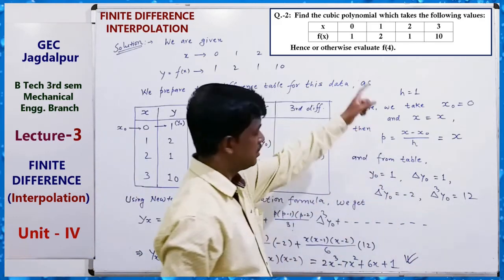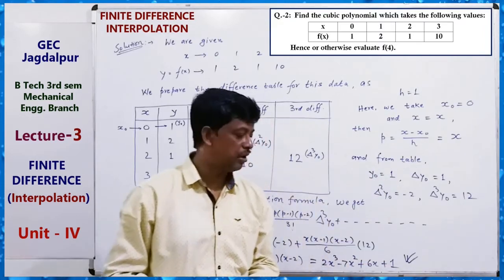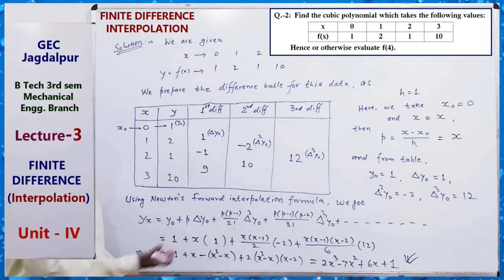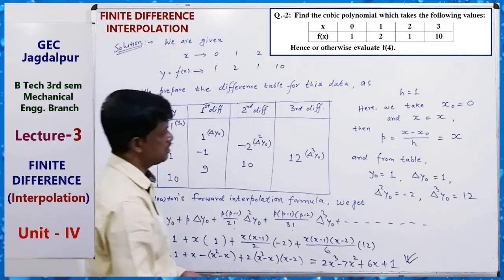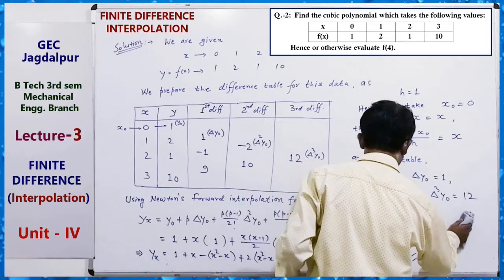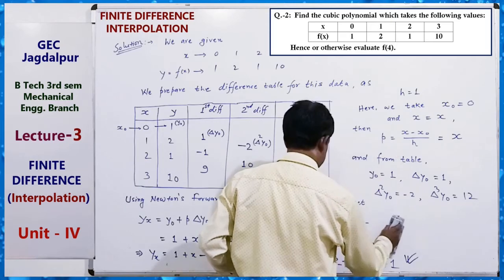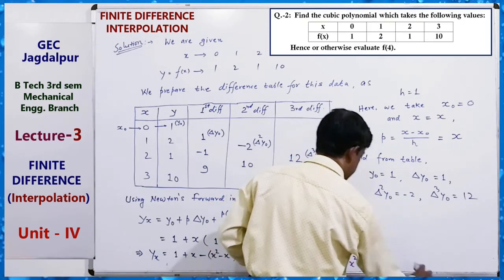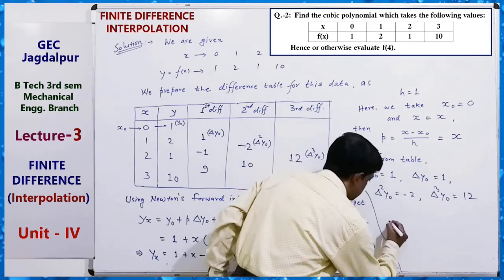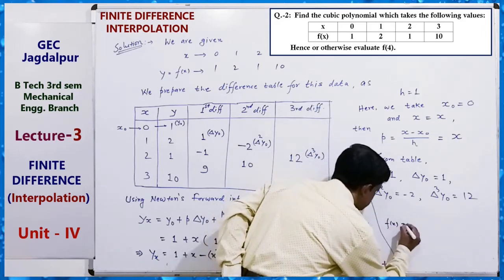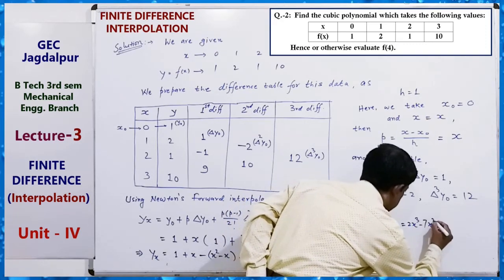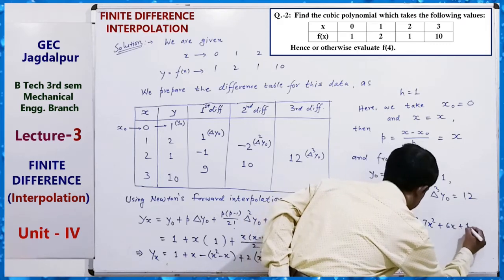And secondly, here it says hence or otherwise find the value of f4. Okay, f4. f(x) is this. So here we get f(x) equals 2x cube minus 7x square plus 6x plus 1.